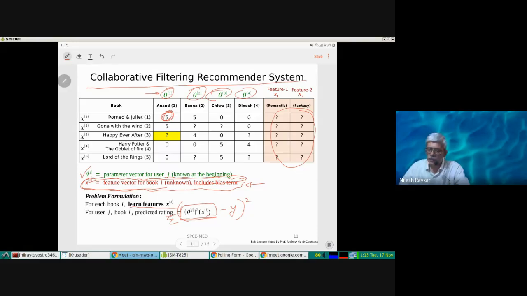You start with some user parameters, and the excess will be adjusted in order to make the ratings as close to 5 as possible. But it is possible that you may get more than 5. Even a negative rating is also possible because it's doing a regression. So you may get something less than 1 or more than 5. That is possible.